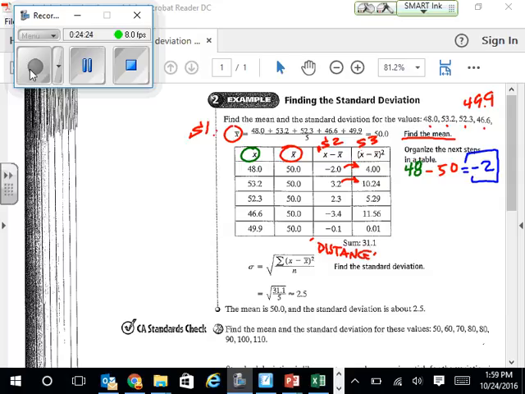I've got to start adding some numbers together to get the mean. 4 plus 10.24 plus 5.29. I'm finding the mean of that last column, plus 11.56 and a 0.01. Okay, I'm trying to get to the end of this one and have you guys do it.